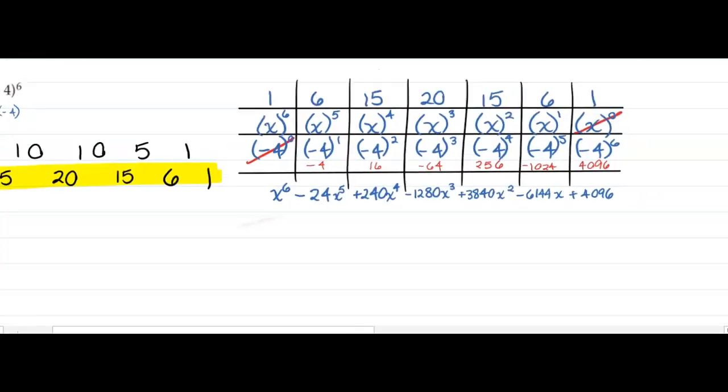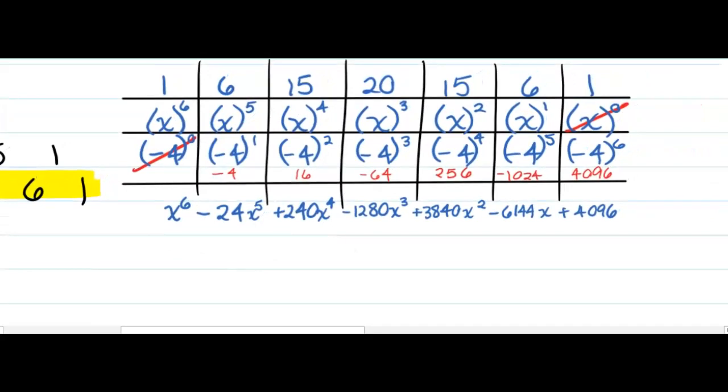Alright, let's take a look a little closer at this chart to see if you got the right answers. Notice we started out with our coefficients from the 6th line of Pascal's triangle. I listed the first term in the next row, the second term in the next row. My exponents decrease and then they increase right here.